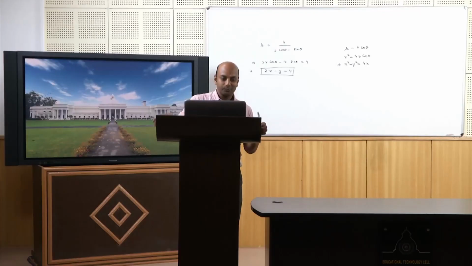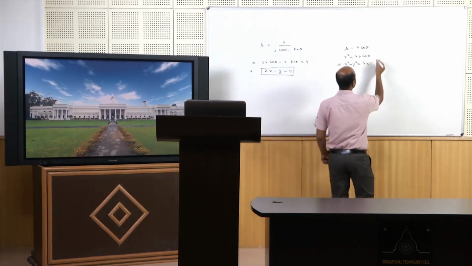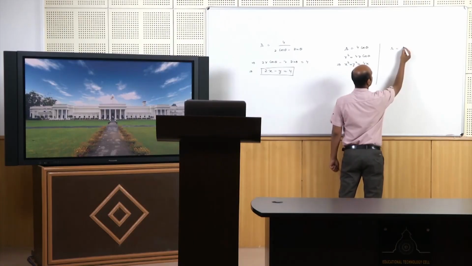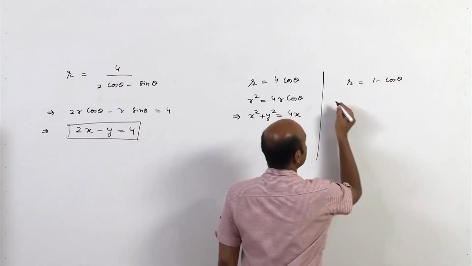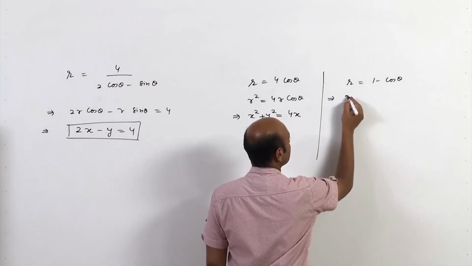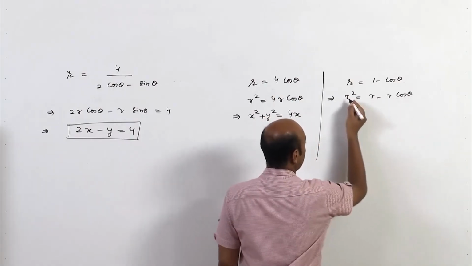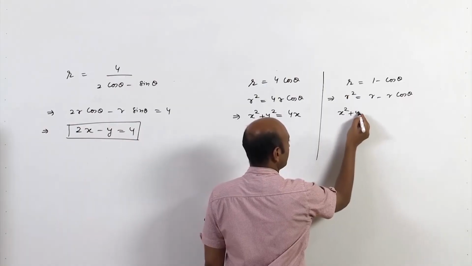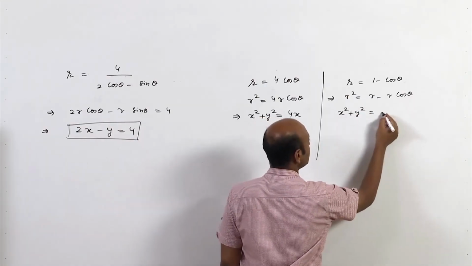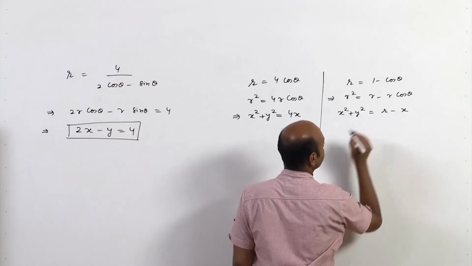Okay. The next equation is r equals 1 minus cos theta. Now, you multiply both sides by r. So, it is r square equals r minus r cos theta. This r square is x square plus y square, equals r minus x.